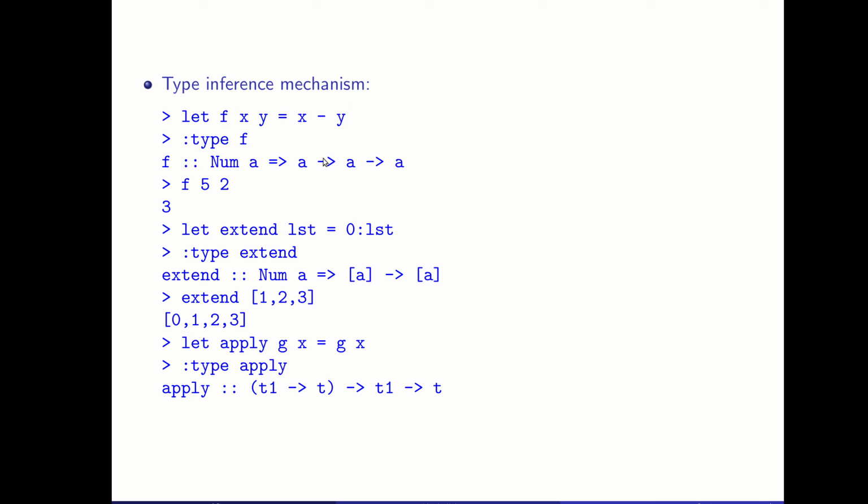It takes an A and another A and results in an A. All that I really know about those is that they're numbers. It tells me the restrictions on A back here, and then it tells me the actual signature of f here. And we can see that if I call f of 5 and 2, I get 3 back because 5 minus 2 is 3.